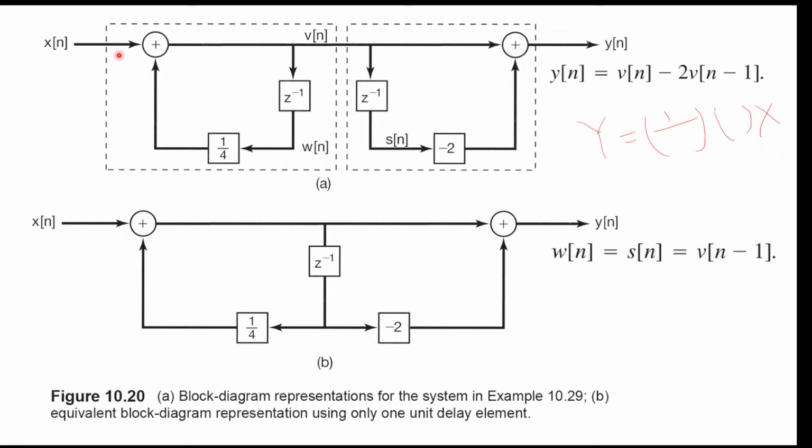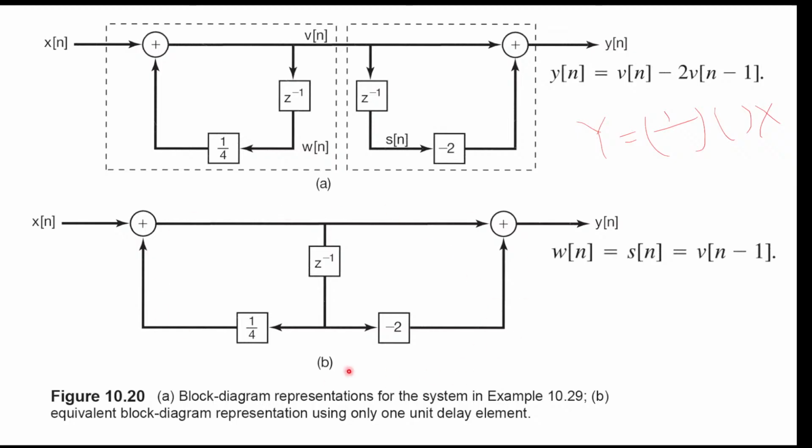So we go through here, and this input goes through a single z minus 1. After the z minus 1, we split the signal into two copies, and one of them goes to this 1/4, and the other goes to this -2. This more complicated feedback loop will give us the system we want.